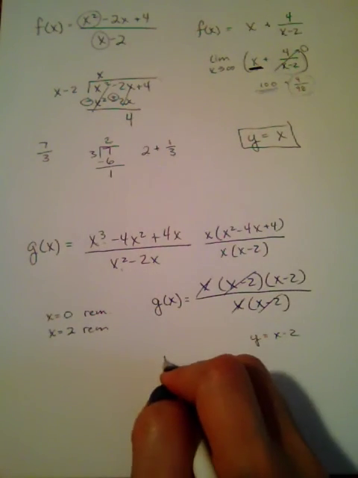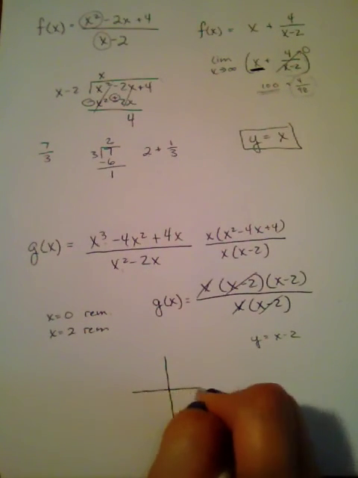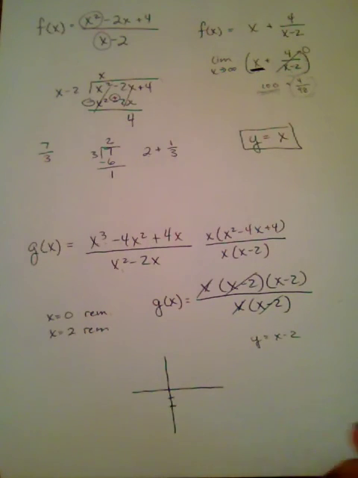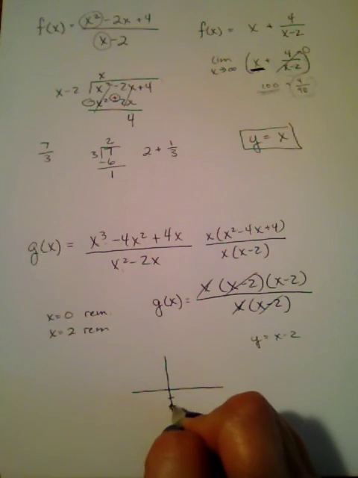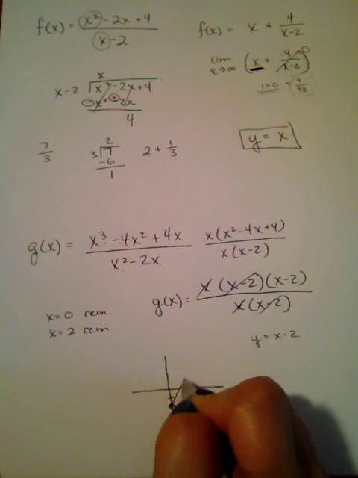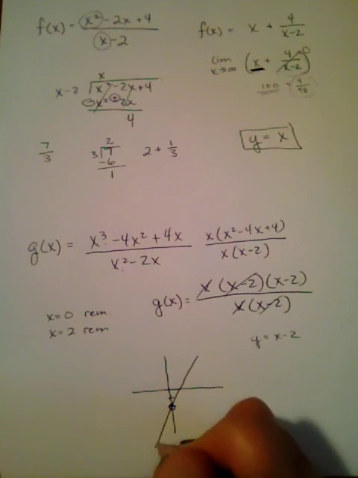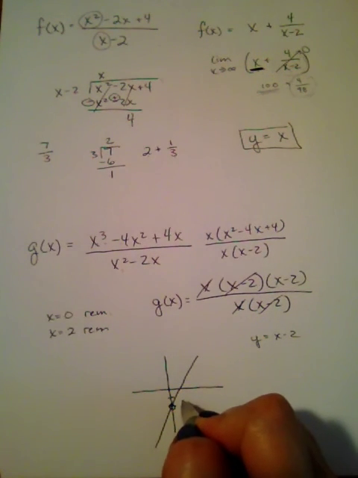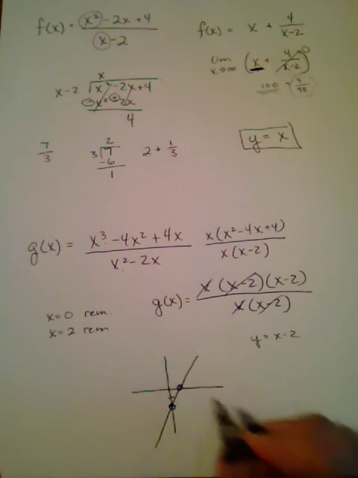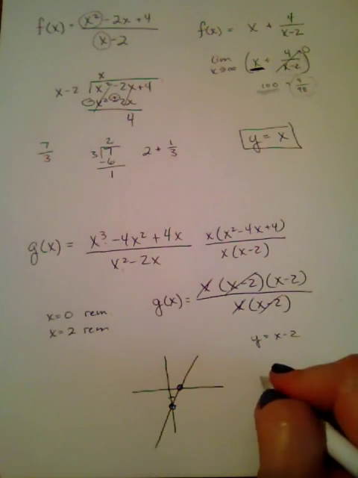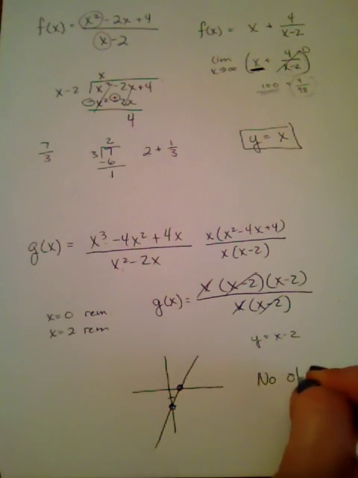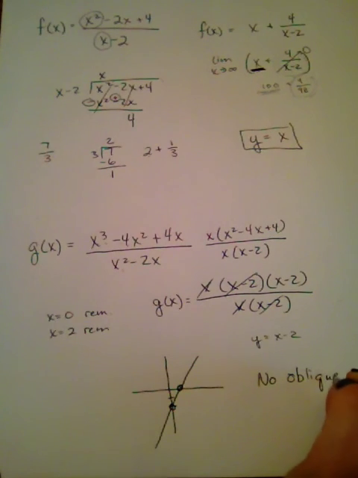So a quick graph of this, it's going to look like y equals x minus 2, but I have a removable discontinuity here, and then I'll have a removable discontinuity here. So no asymptote at all, and that can happen, so no oblique asymptotes.